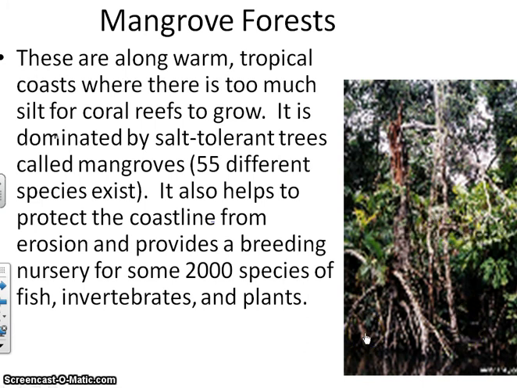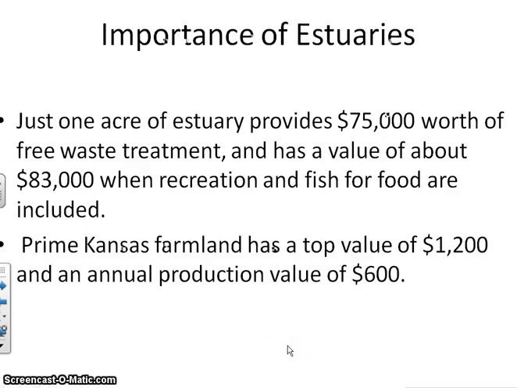Mangrove forests are the neatest places in the world. These amazing trees shoot their roots into the water and create all kinds of really nice habitat in here. They can happen in tropical areas. There's too much nutrition in this water for coral reefs to grow, but you can still have lots and lots of biodiversity in those kinds of areas.